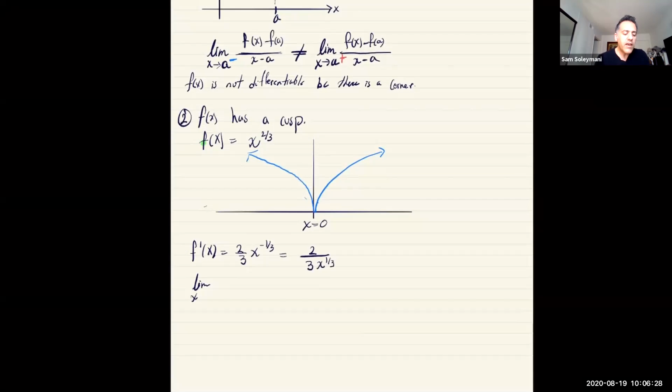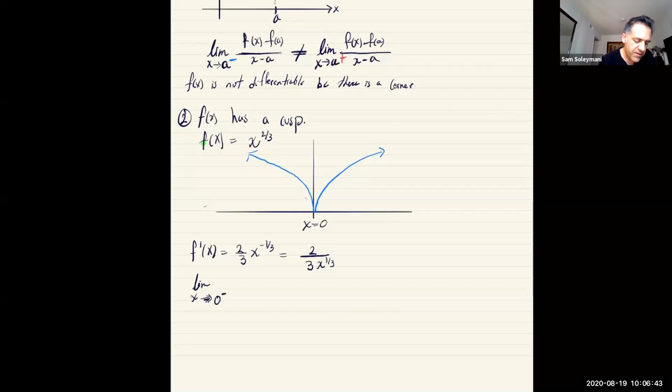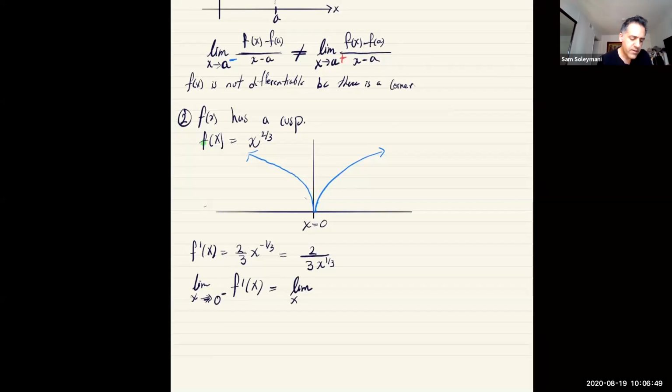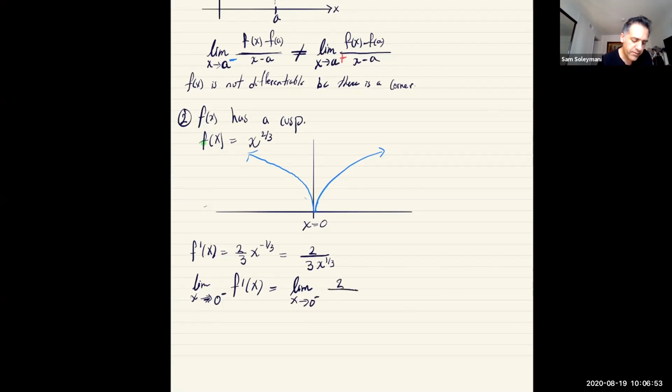Anyway, going back to this thing, if you look at the limit of the derivative as x goes to 0 from the left, of 2/3 over x to the power of 1/3.